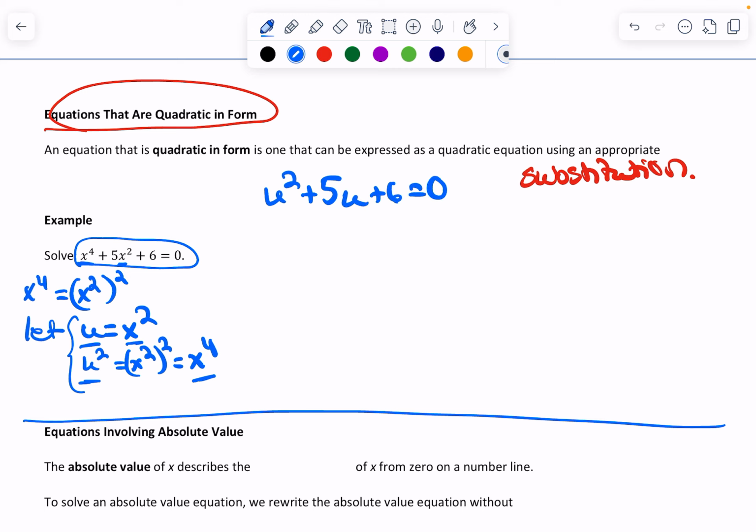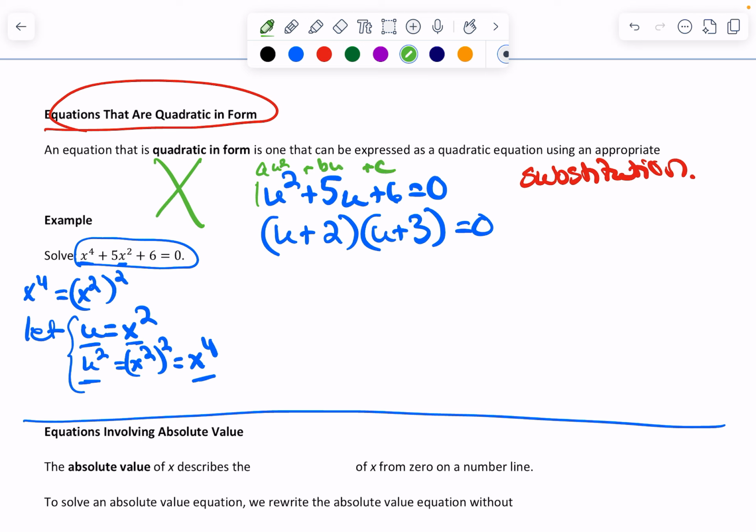And now we can go ahead and factor this again. So we get u plus 2 times u plus 3. And how did I get those factors? If I do the AC method, A times C, this is 1 u squared plus Bu plus C. So 1 times 6 is 6, and our B is 5.